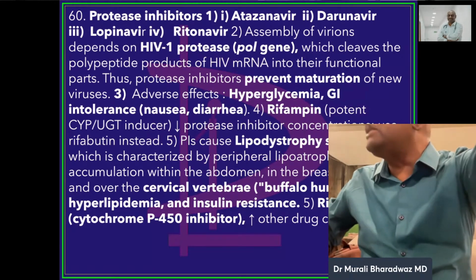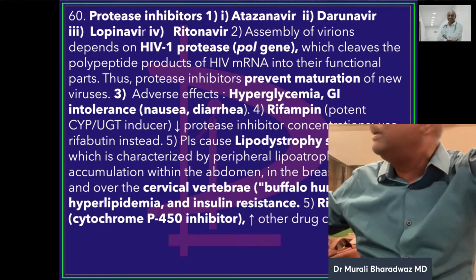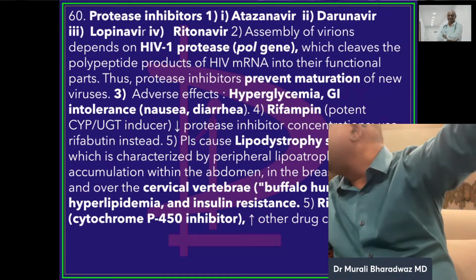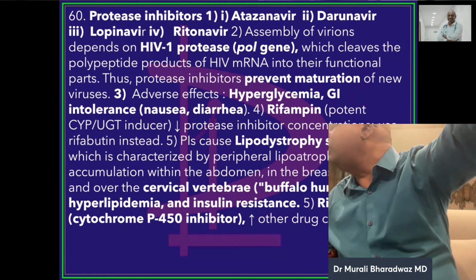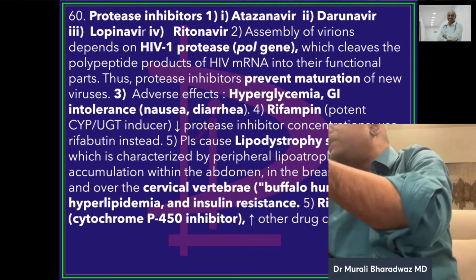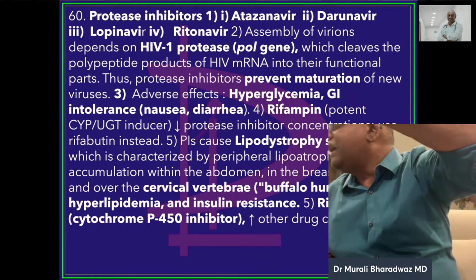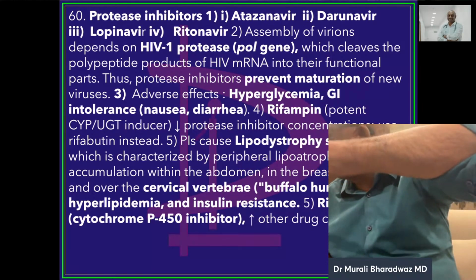Overall, protease inhibitors, if you combine with rifampicin, will become ineffective. Rifampicin is a P450 inducer and makes them all ineffective. They are used with ritonavir. The main problem is ritonavir can affect other drugs. Ritonavir is a P450 inhibitor.